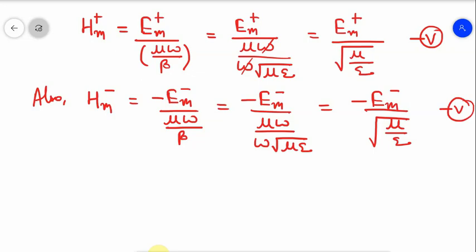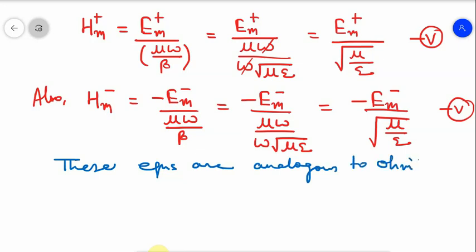Now these equations are analogous to Ohm's law. How, I will explain. Because Ohm's law says I equals V upon Z. Yes or no?